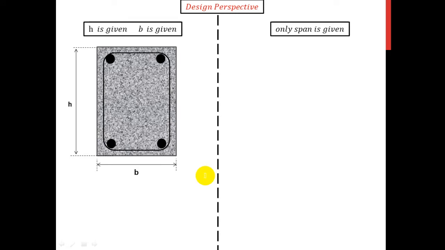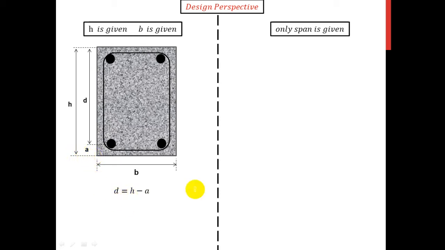Alright, in a design problem, you might or might not be given the dimensions. For the cases where the dimensions are provided, the overall depth h would be given, as well as the width b. But of course, you design the reinforcement. Since I don't need the overall depth as much as I do the effective depth d, in order to find it, h must be reduced by the axis distance a.